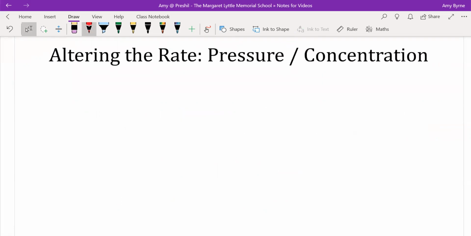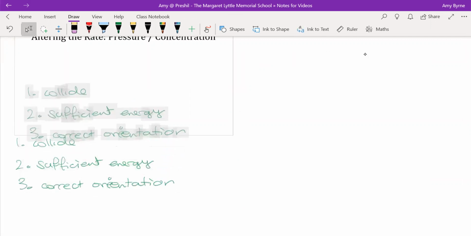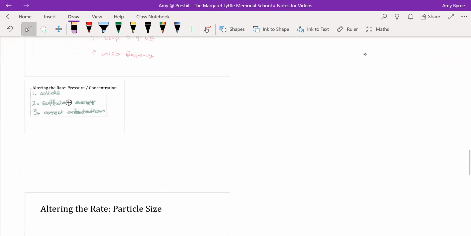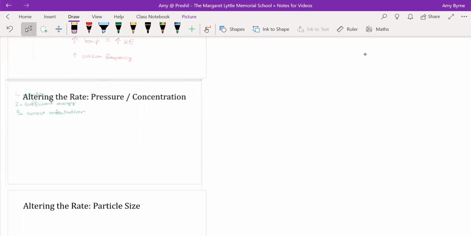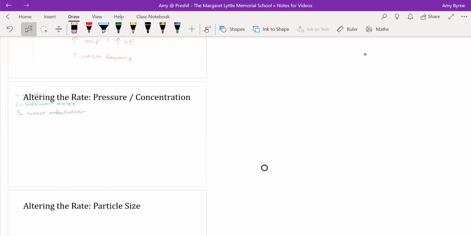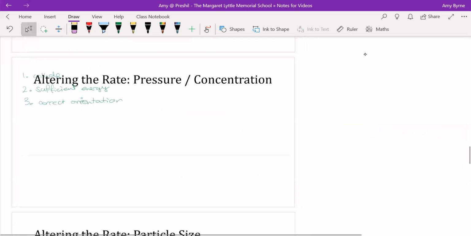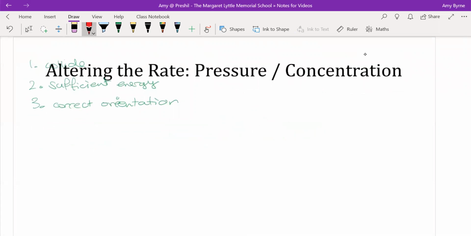So pressure and concentration. I've linked these two because pressure is for gases, but concentration is for stuff that's aqueous.